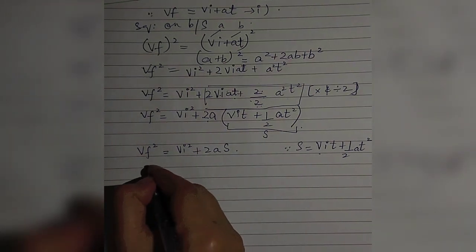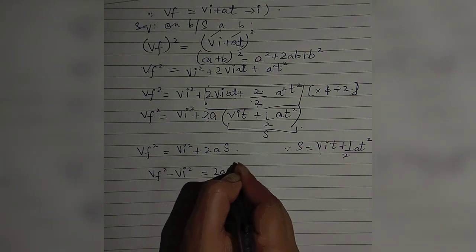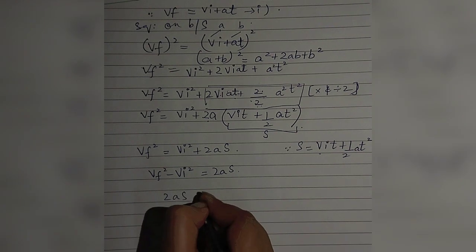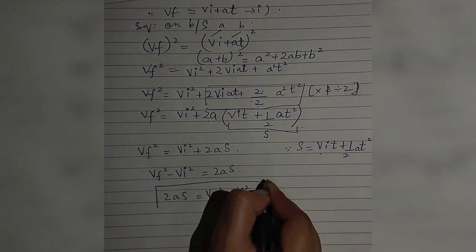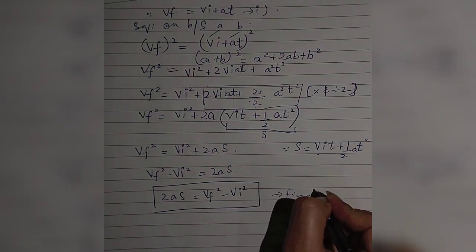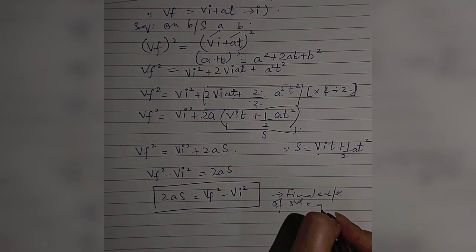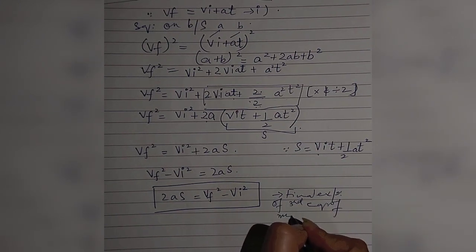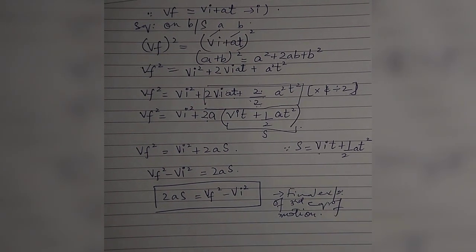Further, Vf squared minus Vi squared is equal to 2as, and this is your third equation of motion, the final expression of the third equation of motion.